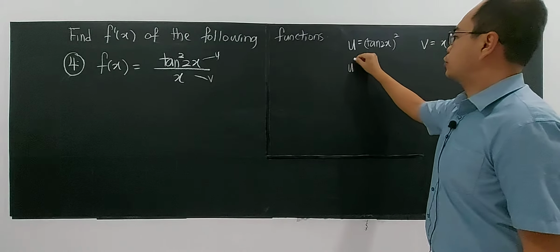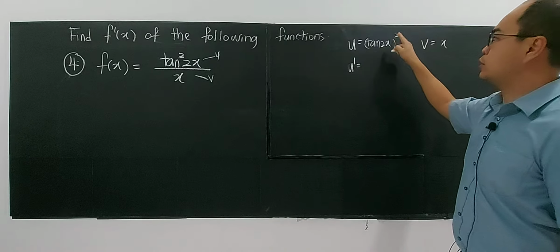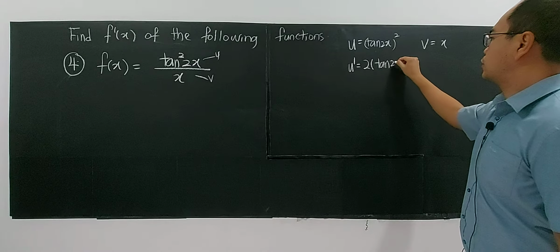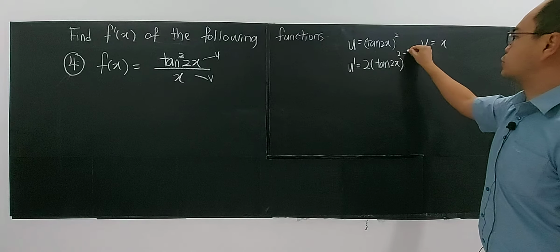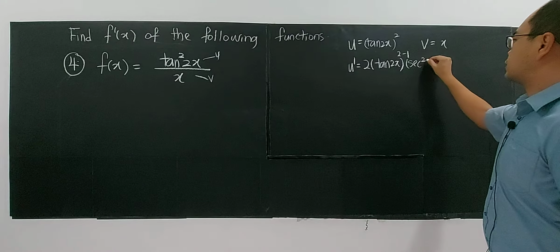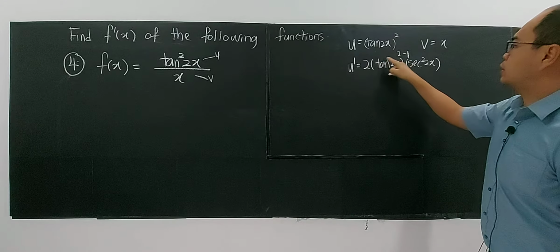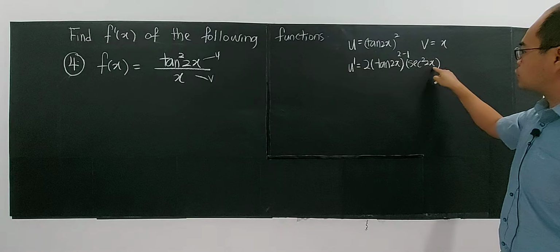So differentiate u prime. So as you know there how to differentiate a trigo with power. So you bring down the power 2, tangent 2x, 2 minus 1. Differentiate tangent 2x, you have secant square 2x, right? Bring down the power, then copy back this 2 minus 1. Differentiate the tangent, you get secant square 2x.